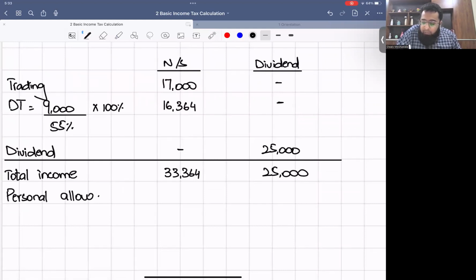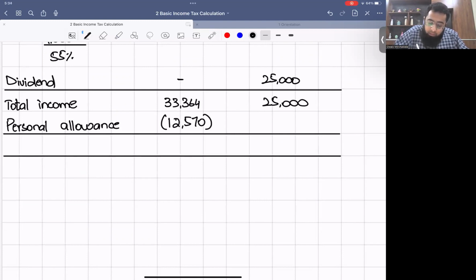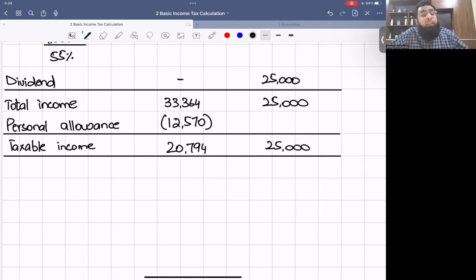The personal allowance is 12,570. We will adjust it, so we will arrive at the value of taxable income. The taxable income is, after adjusting 12,570, 20,794, and this will be 25,000.